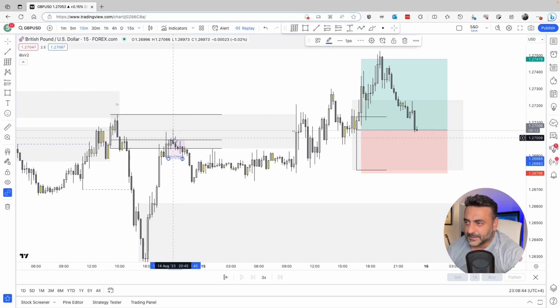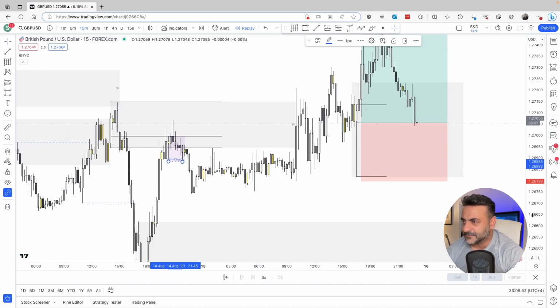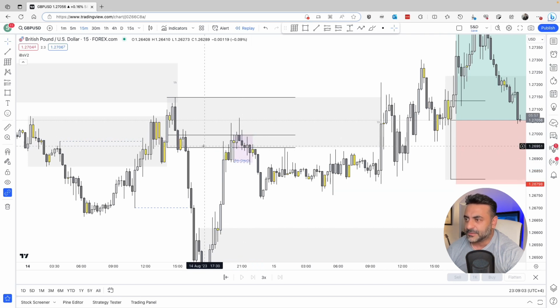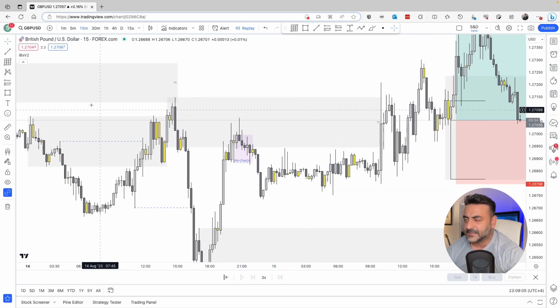Price pushed up, came back in, had a sweep of these bearish candles. Let me zoom that out for you guys. So it came back in, and this bearish candle took out all of this liquidity over here. And at this point in time, if I were to clean this, let me get rid of that.